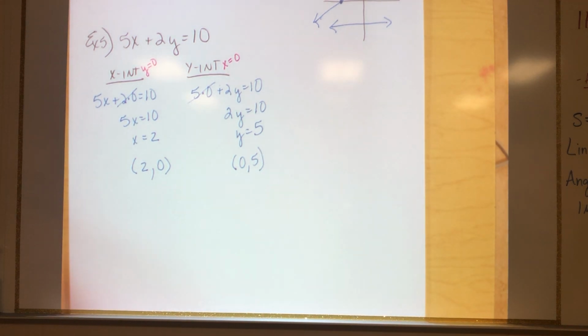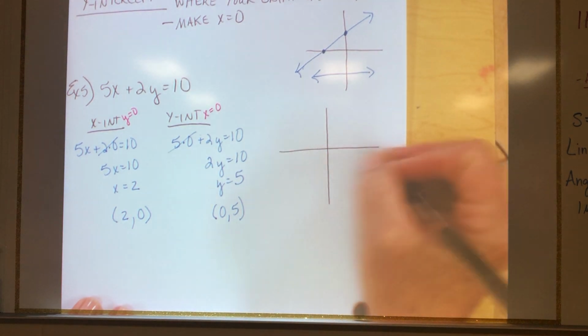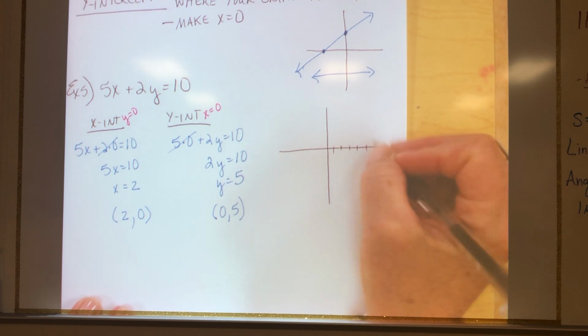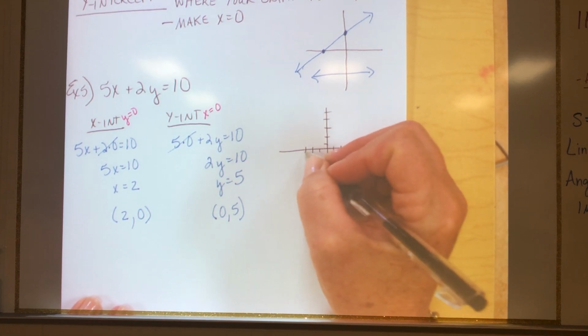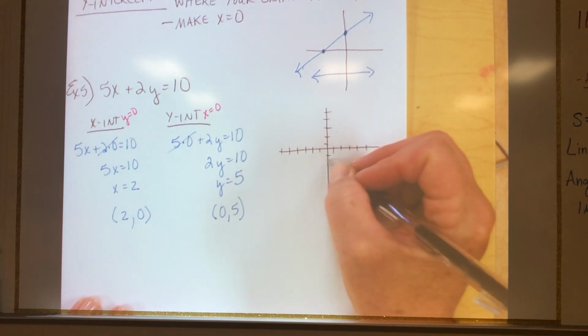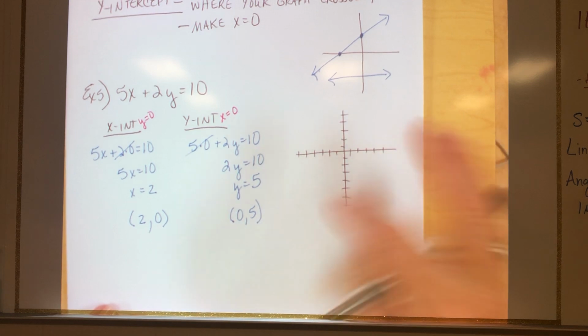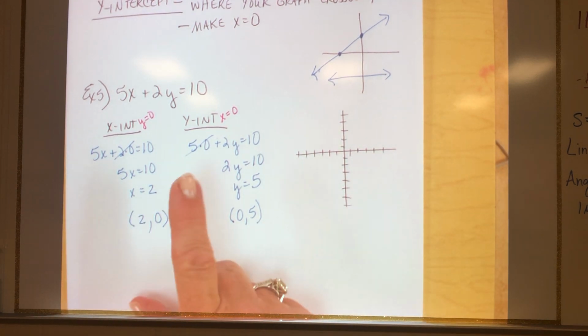All right, now watch this. I'm going to show you something pretty cool. I'm going to graph this line really fast. How many points does it take to make a line? 3. It actually only takes 2, right? I asked you to give me 3 because it made your line look better. But look at this.